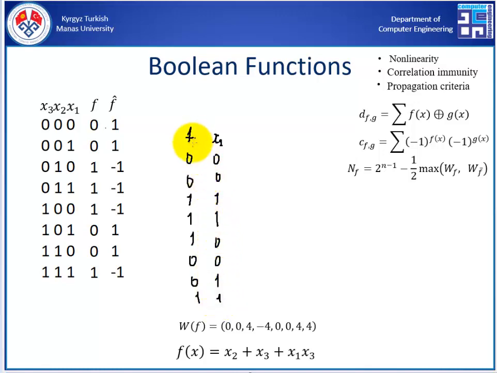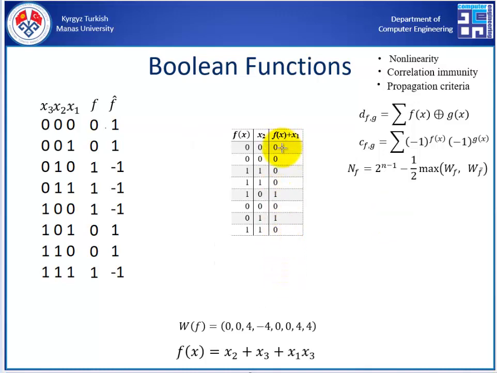We XOR these, which gives us 0, 0, 0, 0, 1, 0, 1, 0. As we can see, this vector is not balanced. We have 2 ones and 6 zeros.